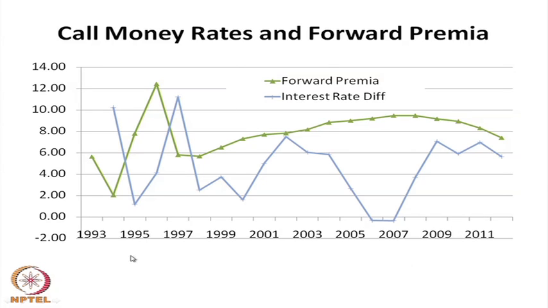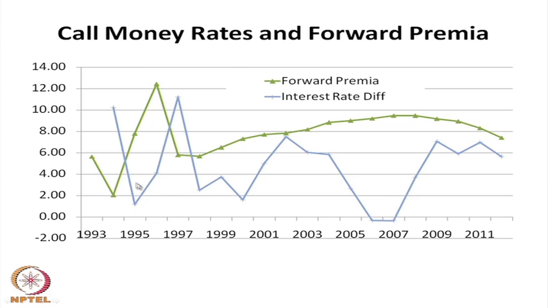The green line indicates the forward rate between the Indian rupee and US dollar, and the blue line indicates the money market interest rate differential between India and US. These two rates should almost remain the same, with only a minute difference, so as to indicate no arbitrage between the Indian market and the US market.